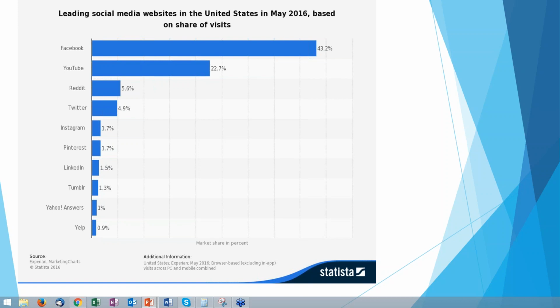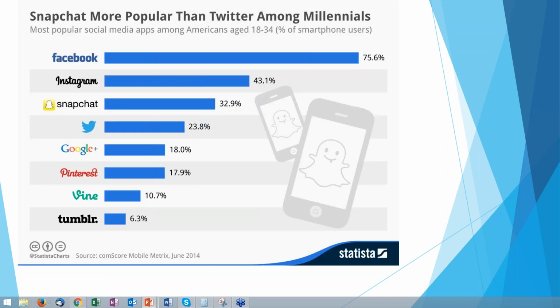Now, if you are marketing to millennials, and millennials are age 18 to 34, okay? Look where they're at, because they're all using their smartphones, and the mobile craze is not going away. It's not going away. So Facebook, still highly, highly important. But then look at the next two, Instagram and Snapchat.